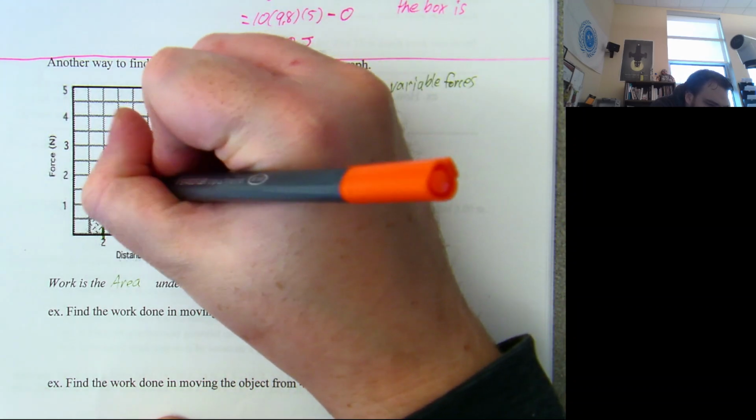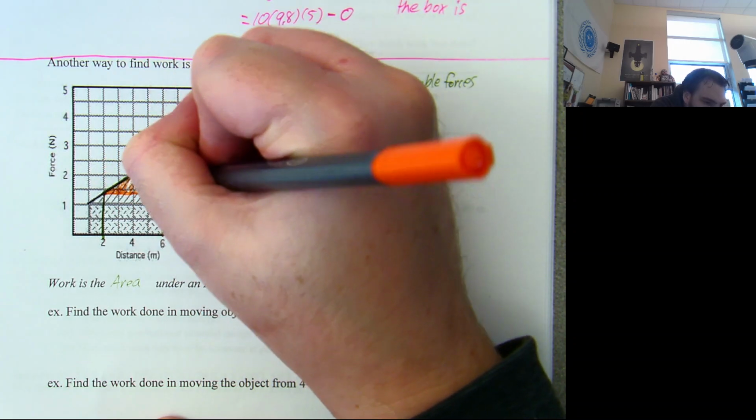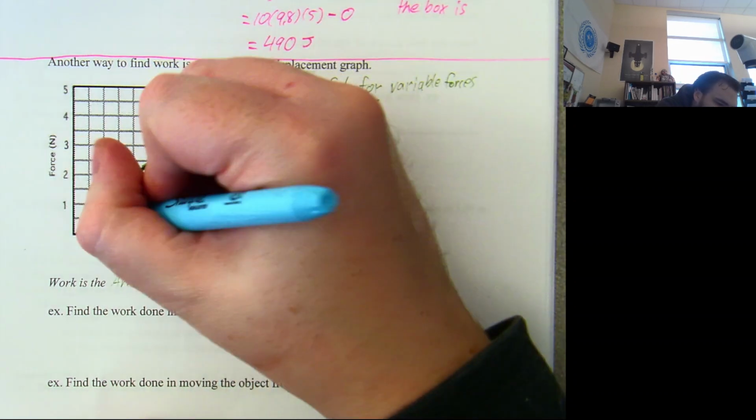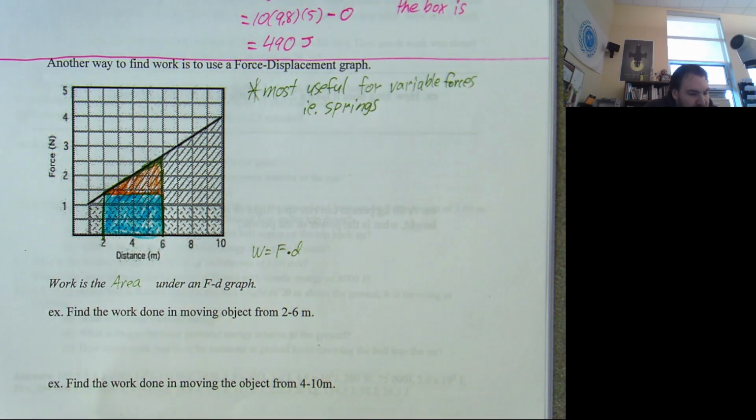So I'm going to have this orange triangle right there, and this lovely blue rectangle here. Those are the two shapes I need to find. The sum of those two areas is going to be the work done for whatever this force is acting over that distance.